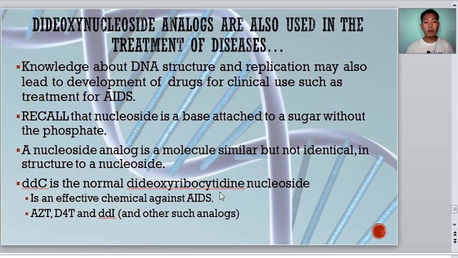To conclude, these analogs of DDC are usually effective in treating AIDS. But as of the moment, we don't have drugs that can treat or kill the virus, but only ones that suppress the viral load in the system of the patient with AIDS.